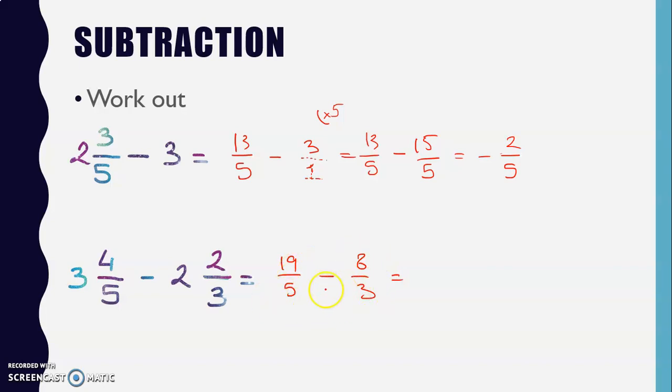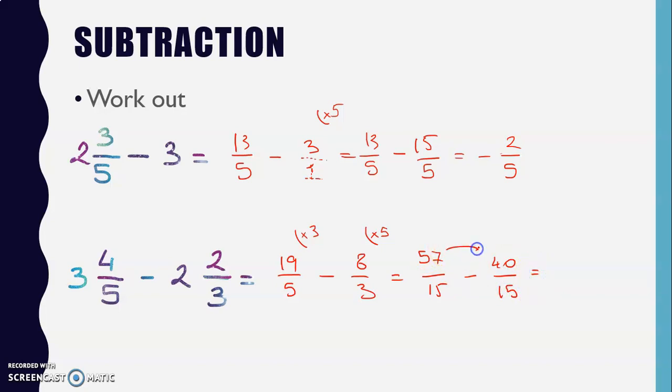Again, the denominator is not the same. The lowest common multiple is 15, which means that we have to multiply the first fraction by 3 and the second fraction by 5. 3 times 19 leaves us with 57 over 15 minus 40 over 15.